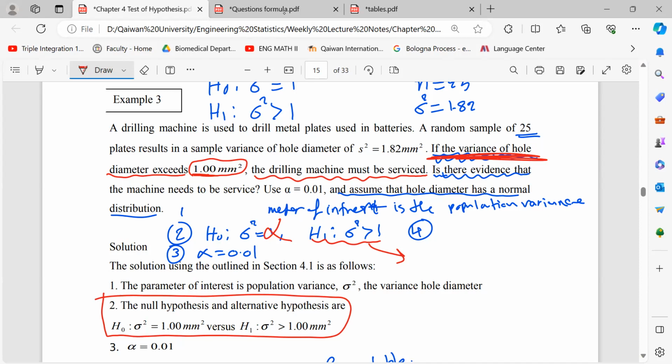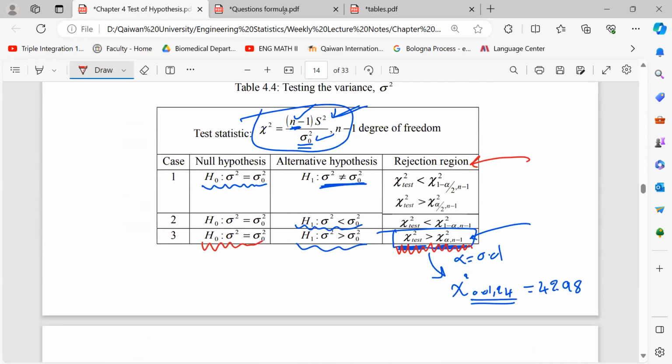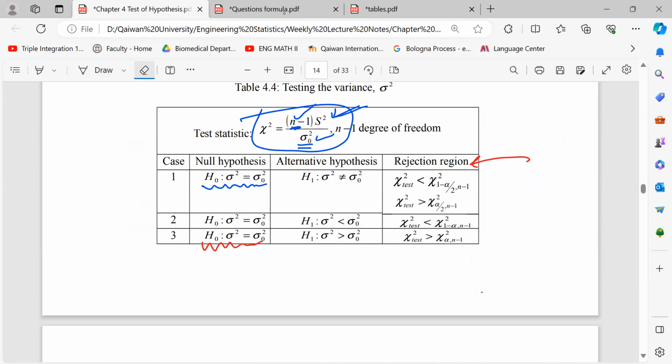In step 4, based on this, we have the null hypothesis, sigma squared equals sigma naught squared, and the alternative hypothesis is that sigma squared is greater than sigma naught squared. Return to the table. Based on the table, we decide which one it is. It's the third case. Okay?